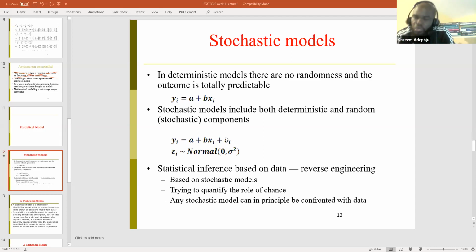And no matter how we try, that part can never be zero. This is an example of a stochastic model. But what we always want to achieve in research is to be able to minimize this error. Because of that, we have an assumption on the error: that the error follows a normal distribution with mean zero and variance sigma squared.